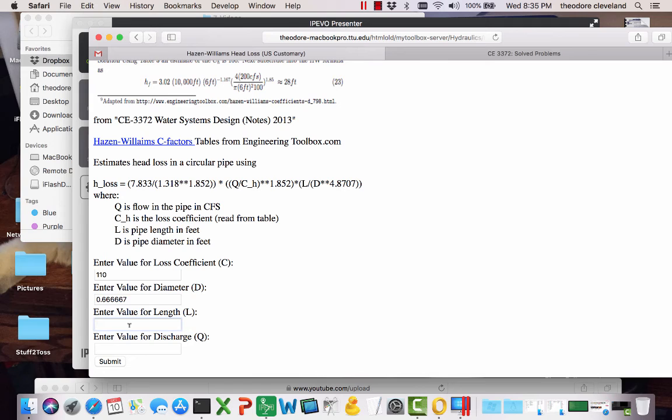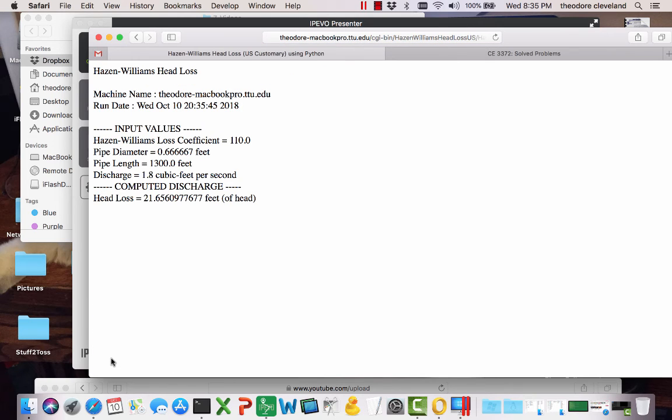The length of that pipe is 1,300 feet. And if we enter a discharge of 1.8, I've obviously done the trial and error, we get a head loss. So if I put QA 1.8 CFS, that produces a loss of 21.65 feet.